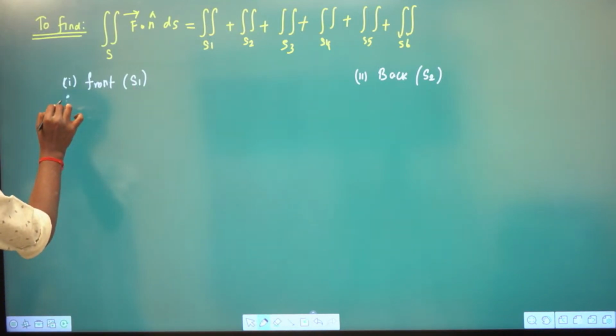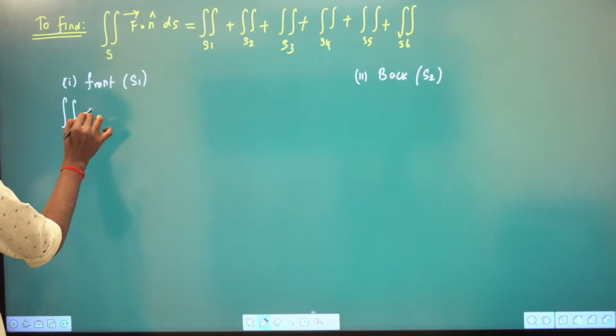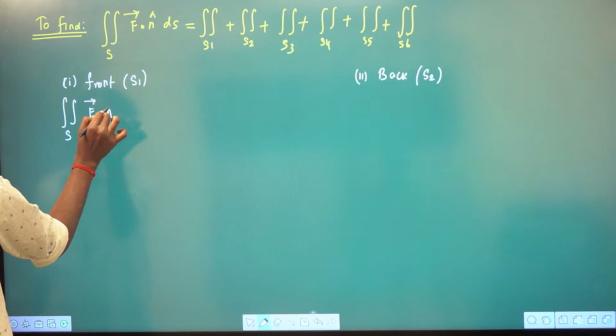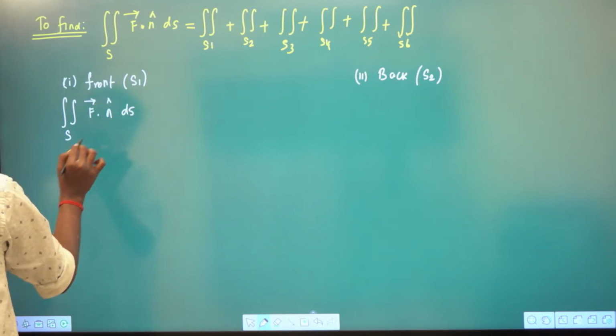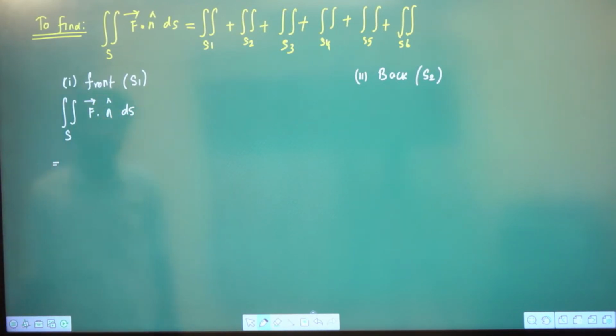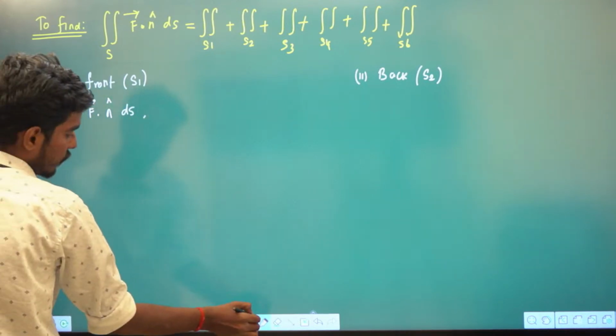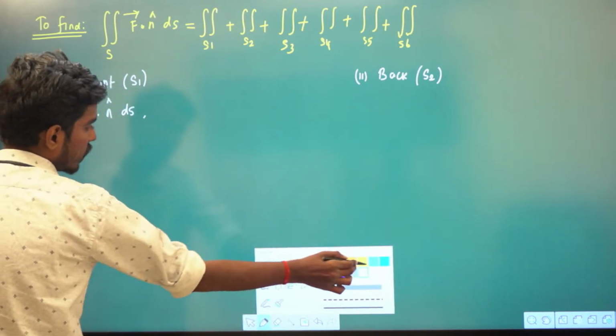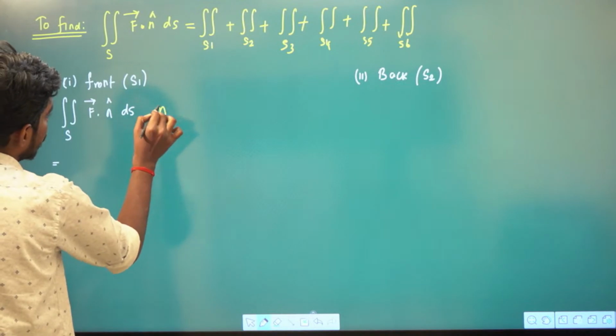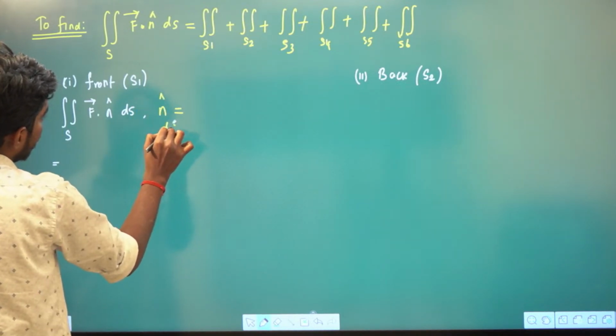Now we need to evaluate the double integral over S of F vector dot n cap dS. For this surface, we need to find n cap and then we need to find dS.